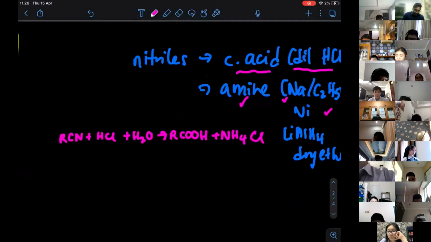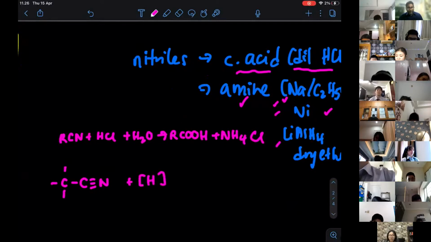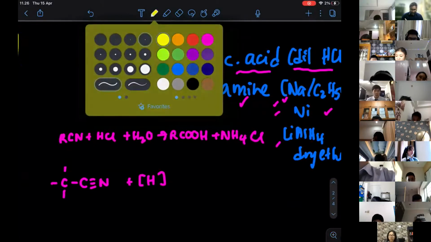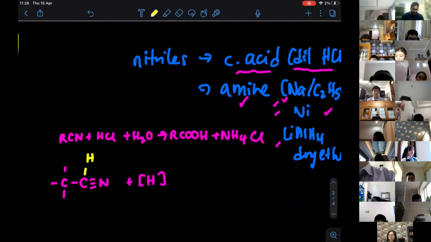Let's say, for example, you have C triple bond N bonded to CH3. When I reduce using any of these three reducing agents, I'll just put H over here. It's a very simple reaction. One H will come here, another H will come here, one bond will be broken and you will have another H here, another bond will be broken and you will have another H here.